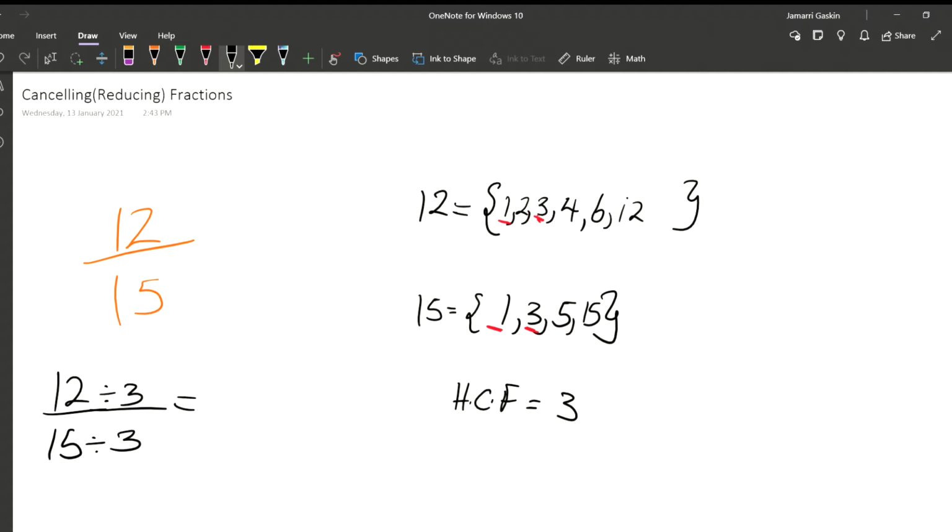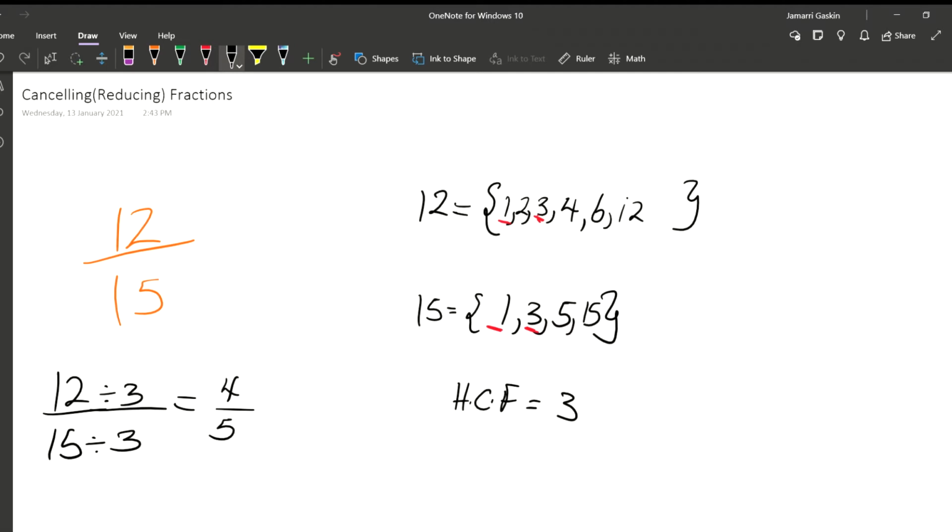So we're dividing the fraction, both top and bottom, numerator and denominator, by our HCF, which is 3. Let's see what we get. 12 divided by 3 will give us 4, and 15 divided by 3 will give us 5. So therefore, this fraction, 4 over 5, is 12 over 15 in its lowest terms.